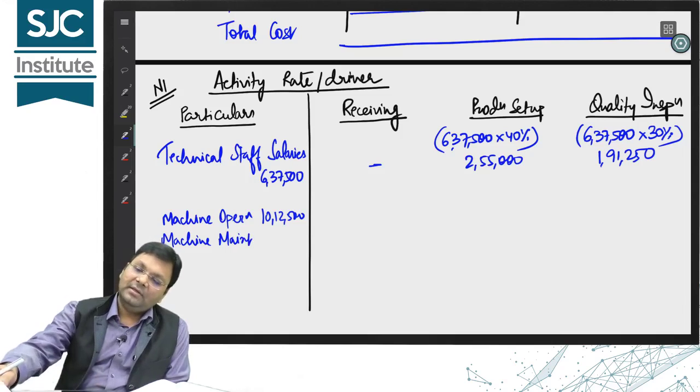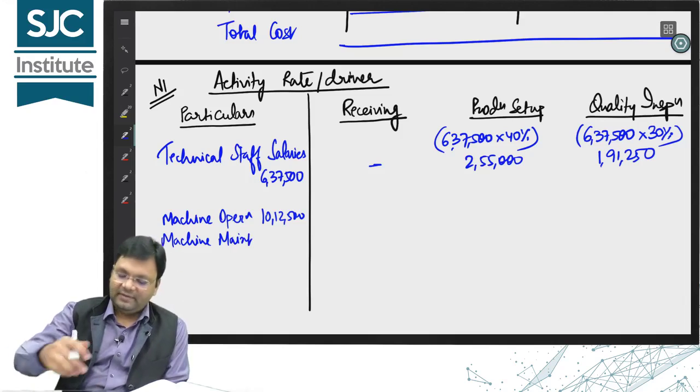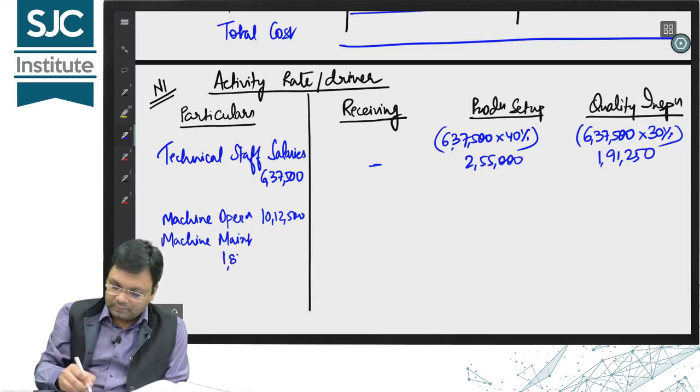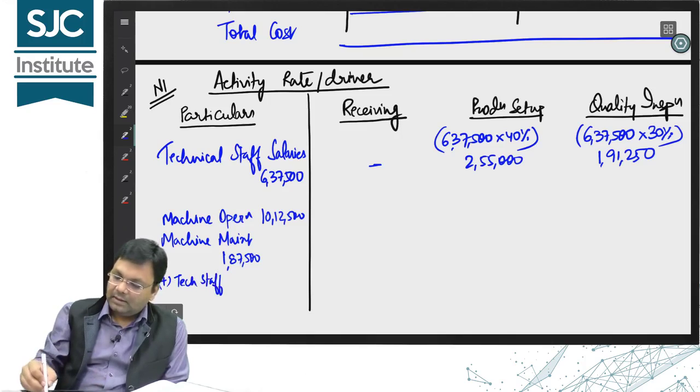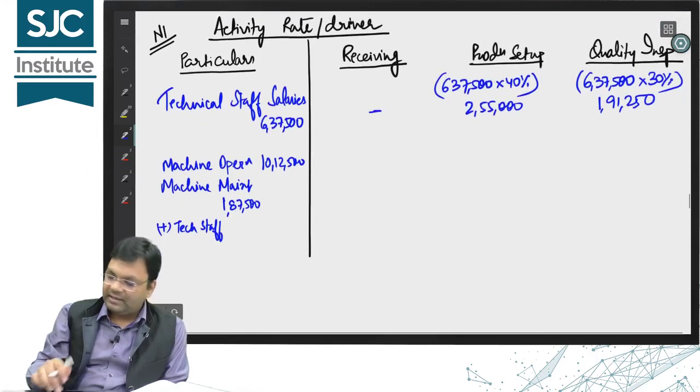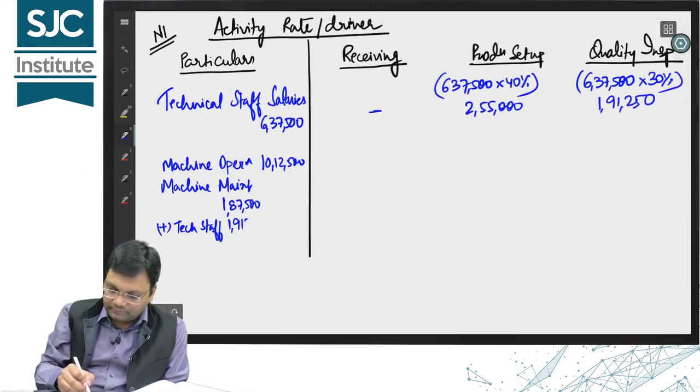In machine maintenance, cost is 187,500, inner column. In this we will add technical staff, and that will be 30% of 637,500. The figure is already there, 191,250.